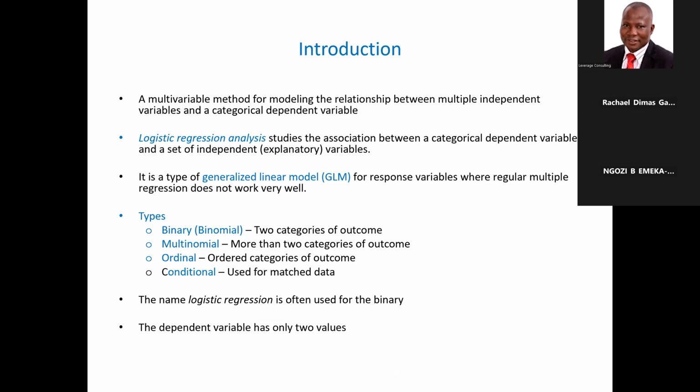If it is 3 and above and it's ordered, it's ordinal. If it is matched, we call it conditional. But what we are focusing on is binary, because that is the simplest model for you to conceptualize. The name logistic regression is often used for the binary, so sometimes when you say logistic regression, you just mean binary logistic regression. The dependent variable has only two values. That's why it's binary.